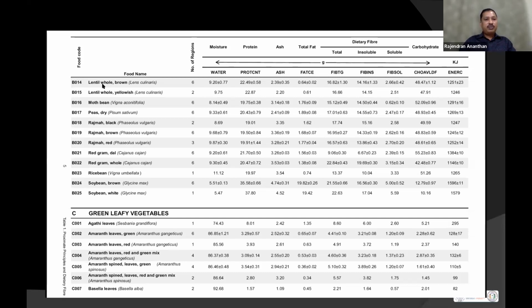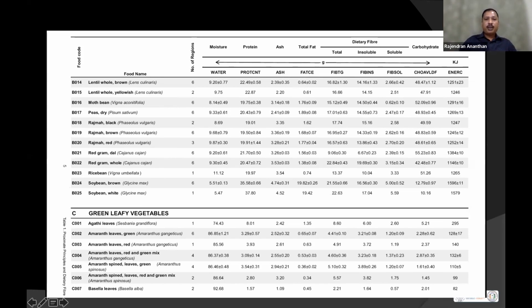The data is given with the food name along with the biological name, and also INFOODS tag names. When we share data with other countries, giving these INFOODS tag names means it will be identified very easily.